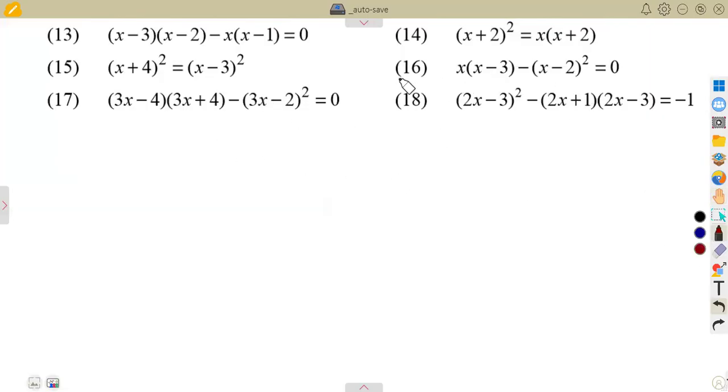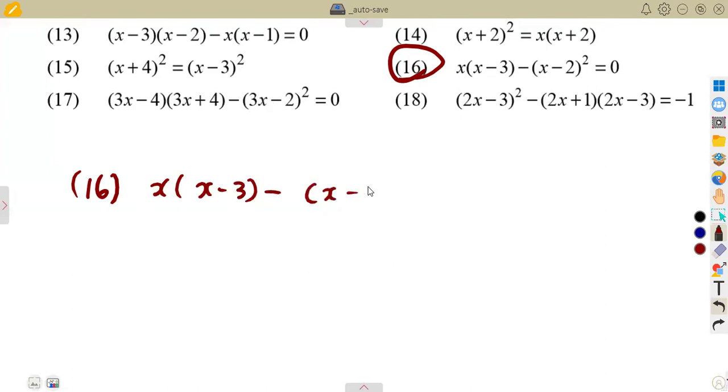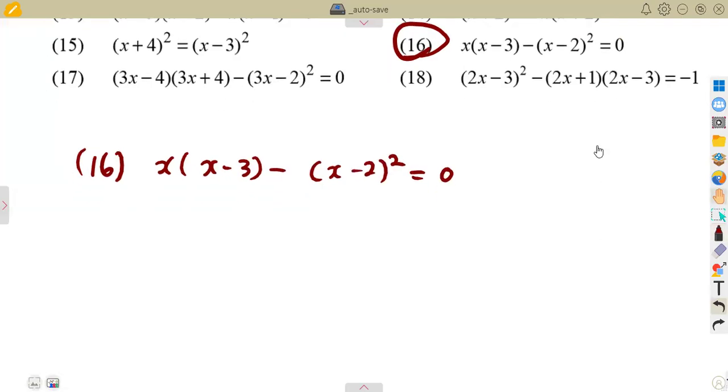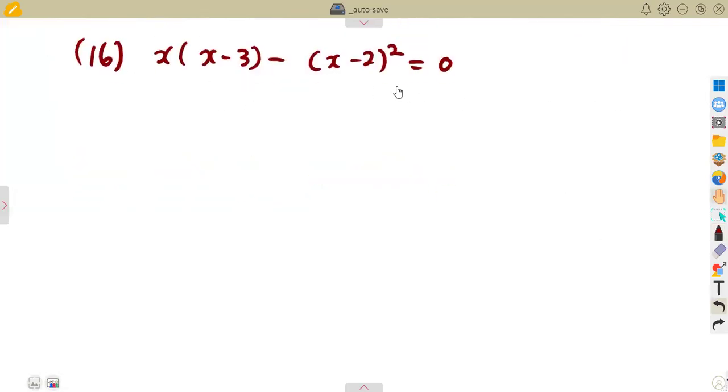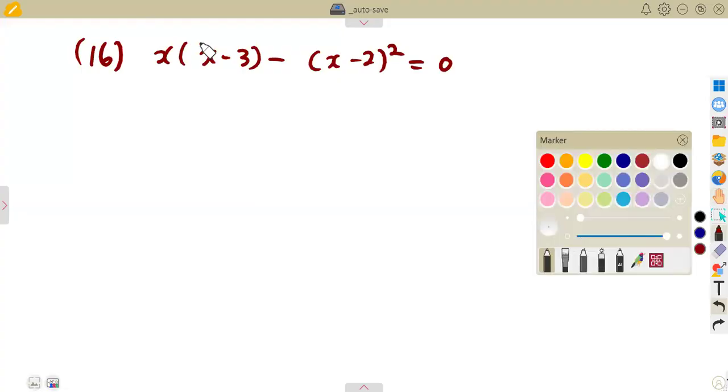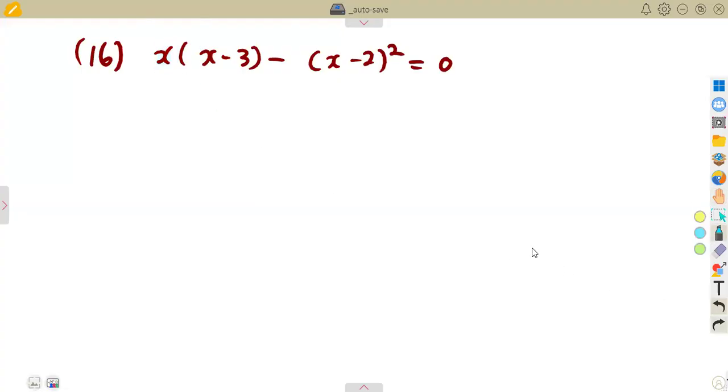Even if you're given these squared, like what we have on number 16, it's x into the bracket of x - 3 minus x minus 2 squared, and this is equal to 0. With this equation, we can see there's an x outside the bracket, which is supposed to expand our bracket, which is true.